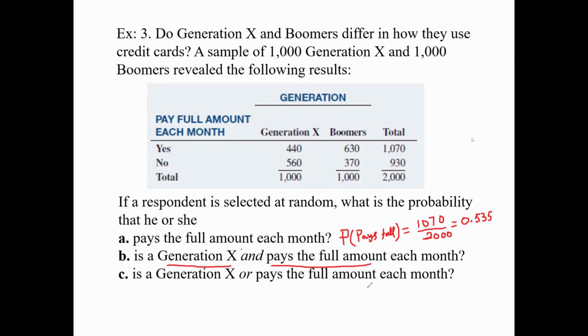Can someone give me the answer? Yes, you're right. It is 440 over 2000. So we can write the probability as 440 over 2000, which is 0.22.